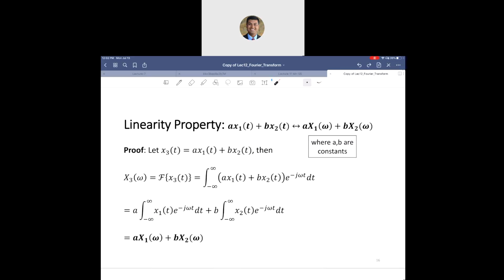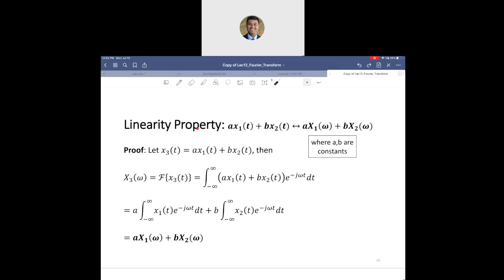The next one is the linearity property. We have a and b as scalars. You have seen the linearity property play out in convolution and Fourier series, so this should be a little bit straightforward now.